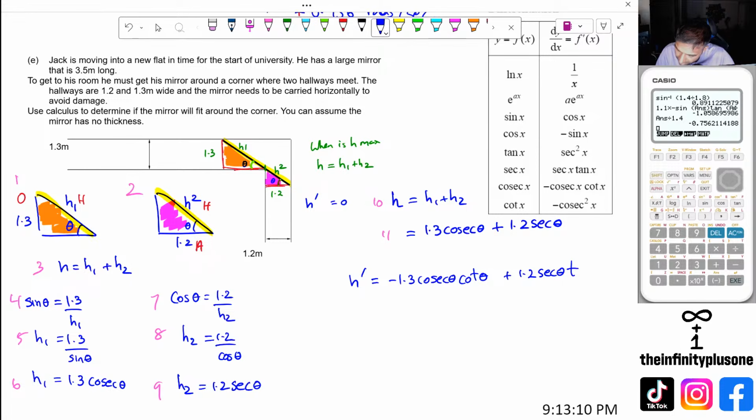My God, this is an ugly equation. So our max happens when H dash is equal to 0. So we're going to put this equal to 0: negative 1.3 cosec theta cot theta plus 1.2 sec theta tan theta. Oh my Lord.